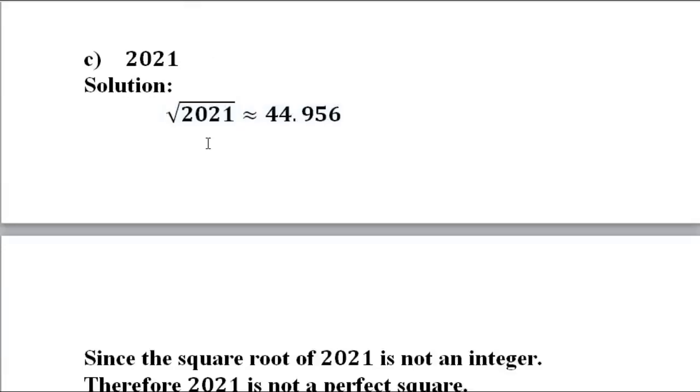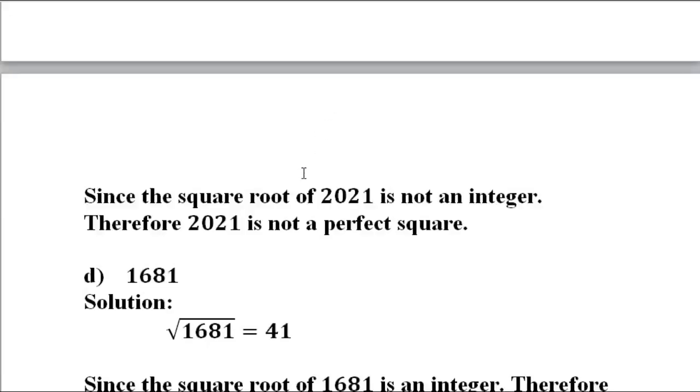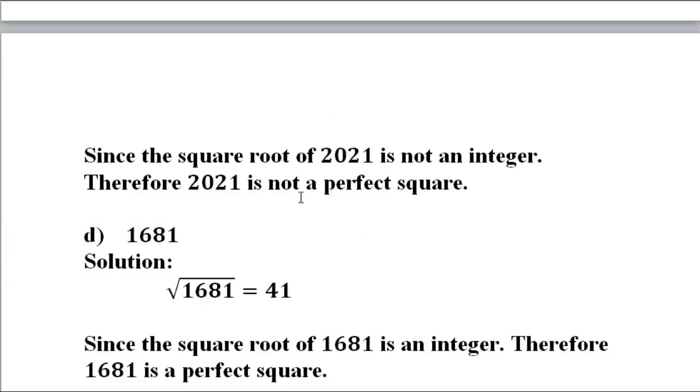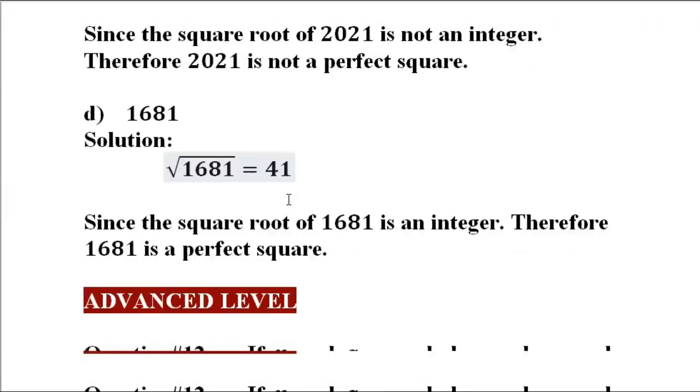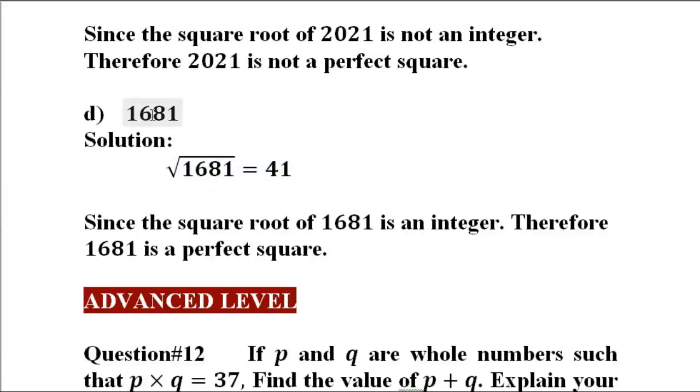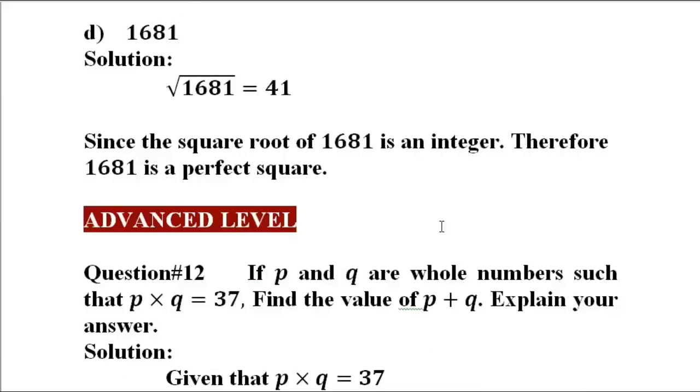The square root of 2021 rounded to 3 decimal places is 44.956, which is not an integer. Therefore, 2021 is not a perfect square number. Moving on to number 4, we have 1681, and the square root of 1681 is 41, which is an integer. Therefore, 1681 is a perfect square number.